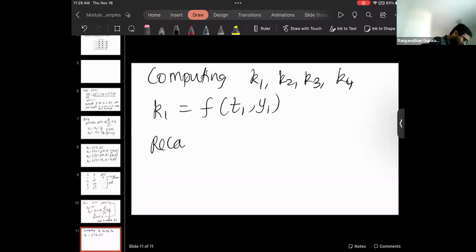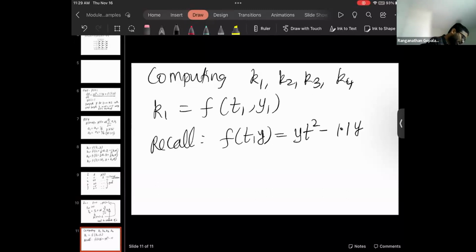Recall the function f of t comma y is, you need to just go back a few slides, y t squared minus 1.1 times y. So k1 would be, what is y? y of 0 is 1. t of 0, time at 0, is 0 squared minus 1.1 times y. That makes k1 equal to minus 1.1.